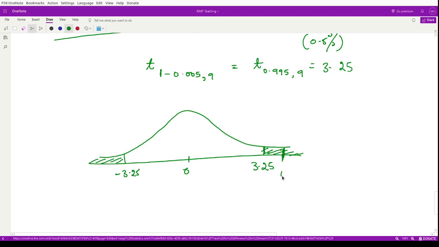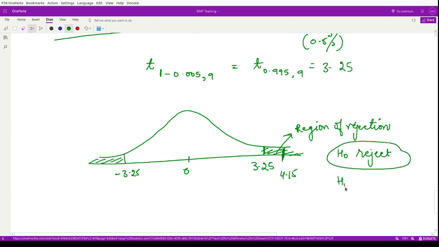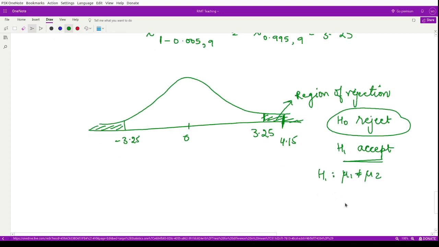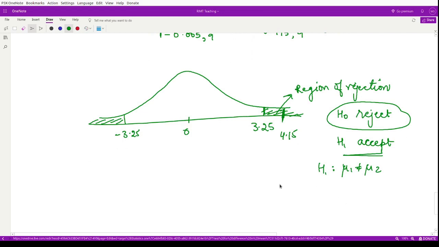So that means it lies in the region of rejection, the critical region. Therefore, you will reject the null hypothesis. If you reject the null hypothesis, that means you will accept the alternative hypothesis, and the alternative hypothesis in this case is mu1 is not equal to mu2.